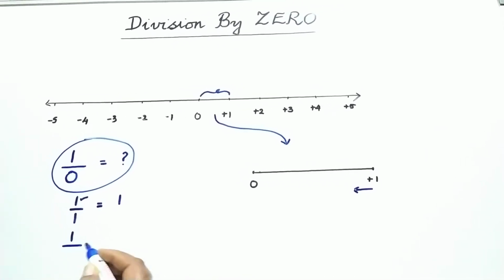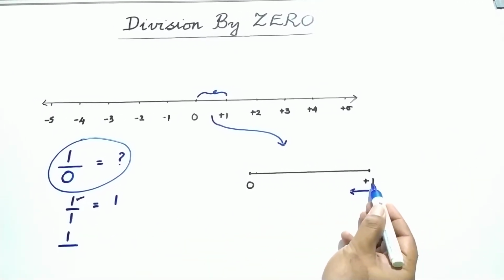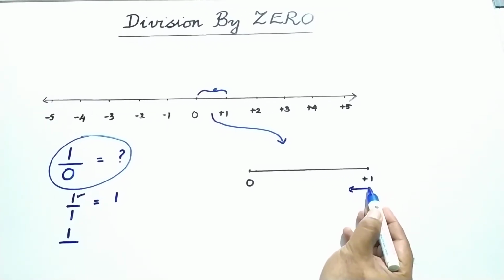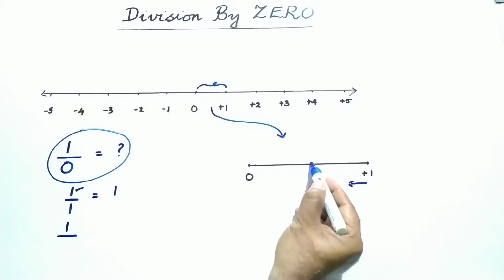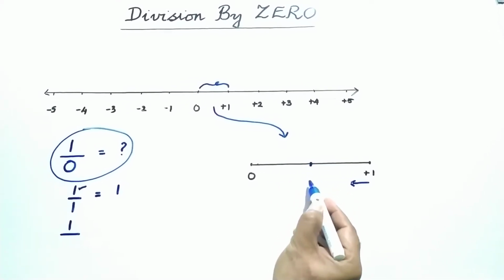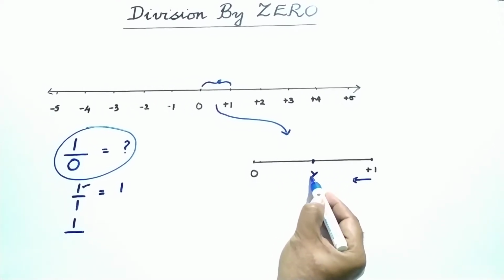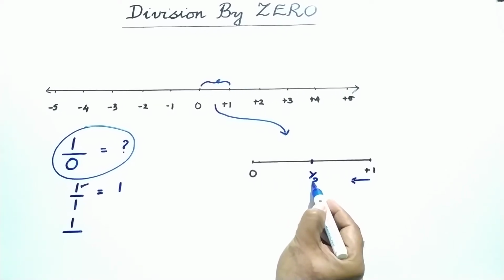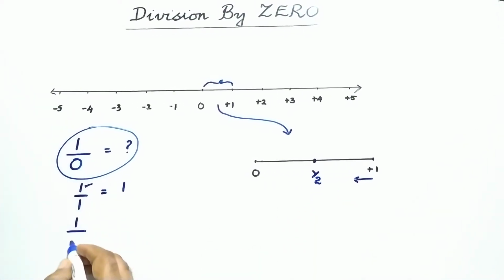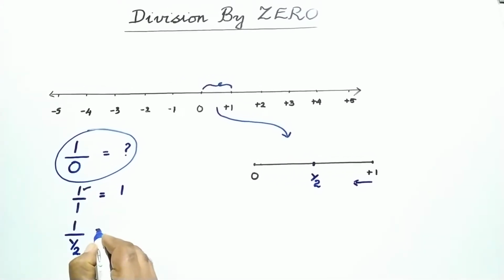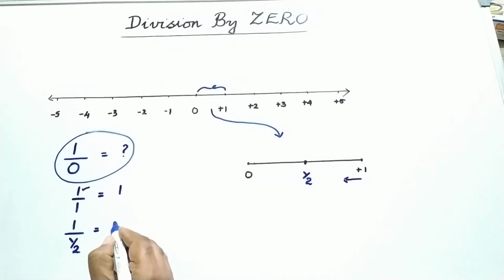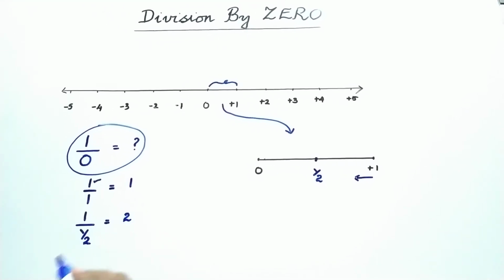From the point 1, I will travel towards 0 and come to the midpoint of 1 and 0. That will be half. So if I divide 1 by half, I get the answer 2.